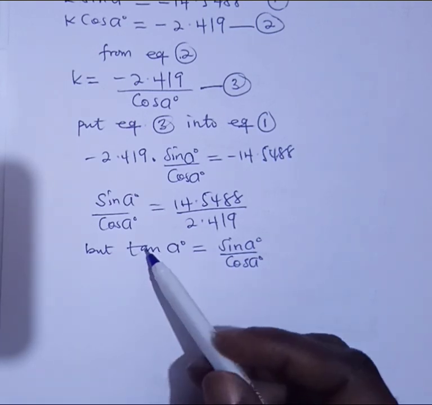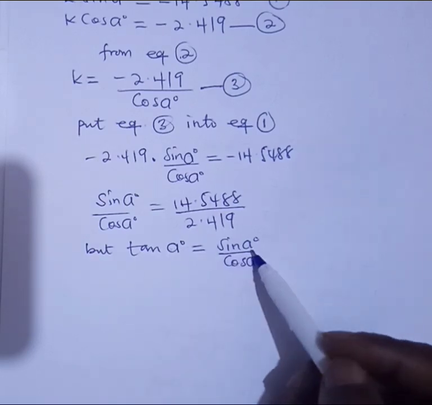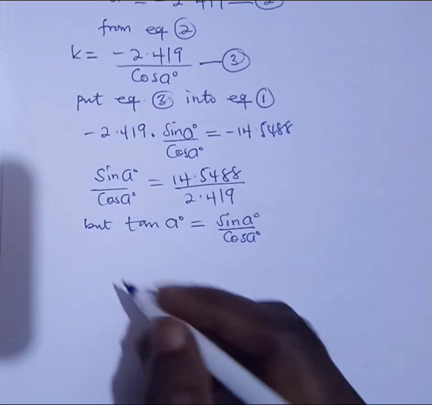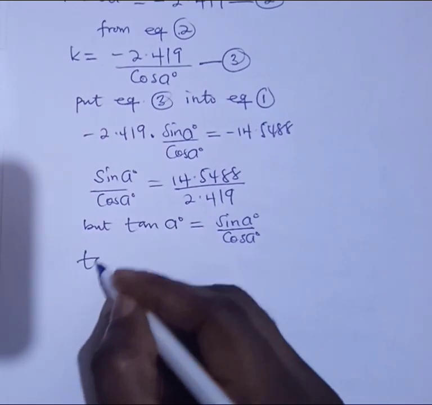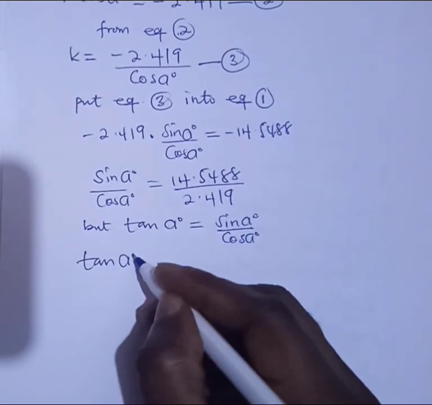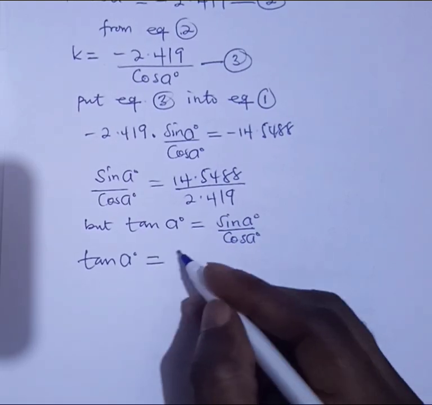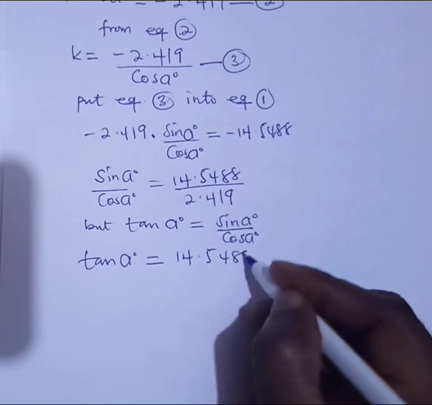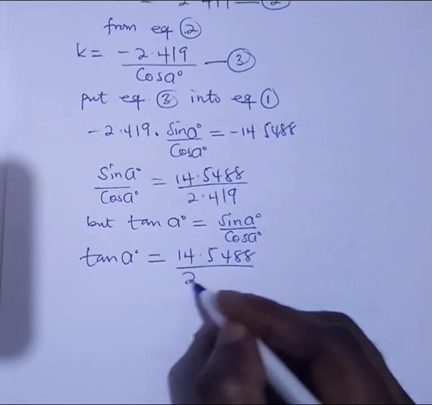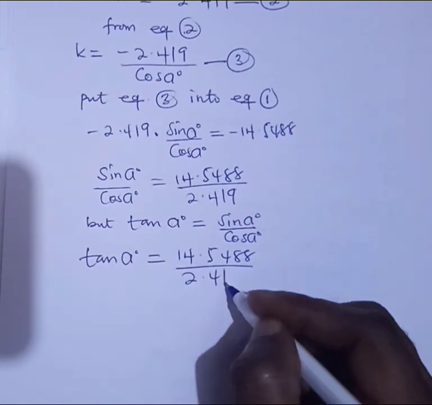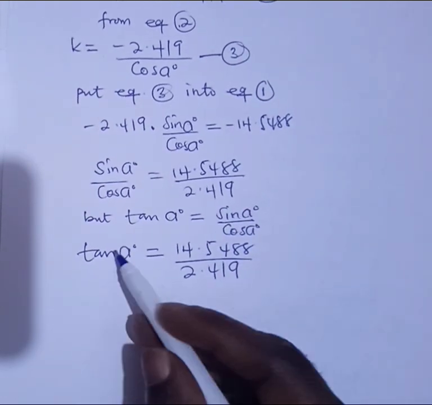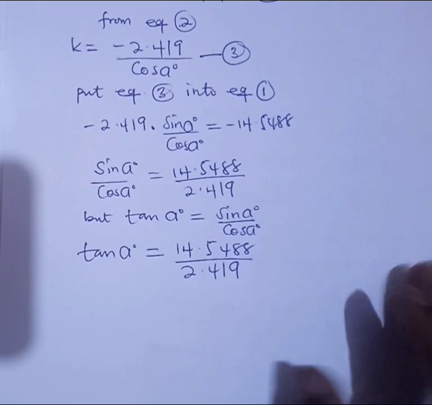So whenever you have tan, this is supposed to be this. So this time we are going to write this here. We have tan a degrees is equal to 14.5488 all divided by 2.419. So once we have this, then we can take a tan inverse of both sides.